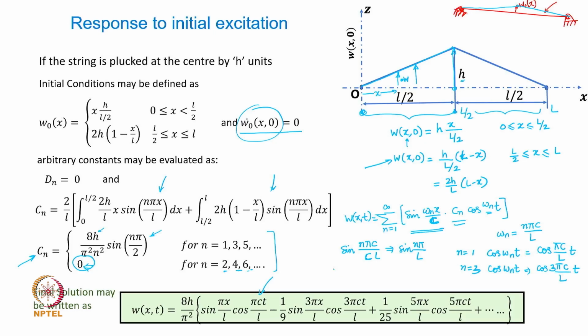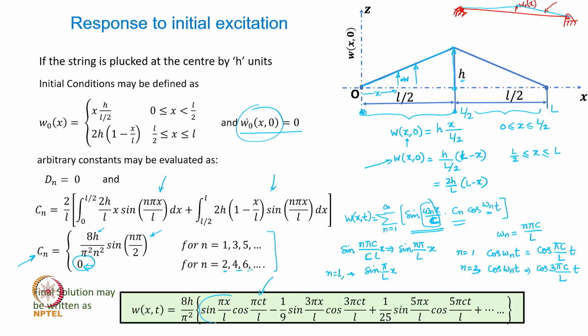Now for n equal to 1, the first term, this particular term is going to be sine pi x by L. I have only replaced omega by c, so it has to have x also here.